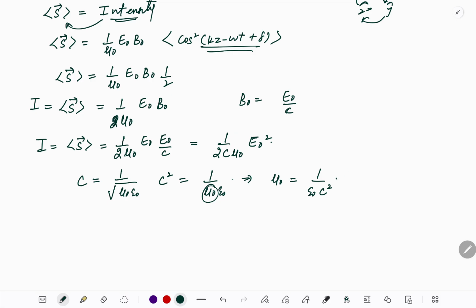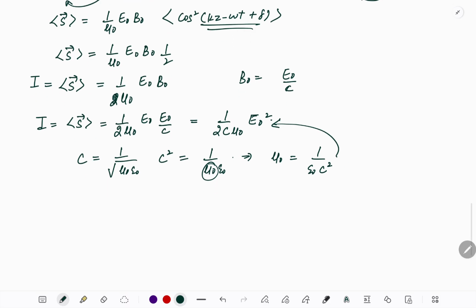So let's substitute that here. Why replace mu 0? Because we are dealing with the electric field, so we are interested in epsilon 0, not in mu 0, because mu 0 is the magnetic permeability.